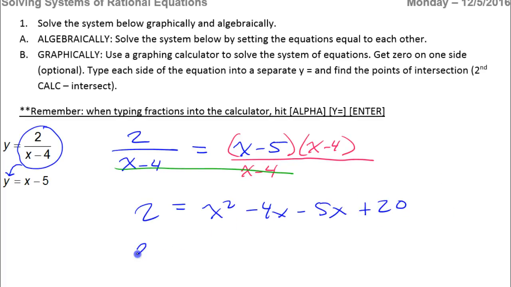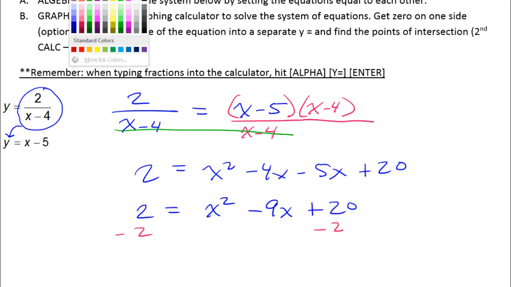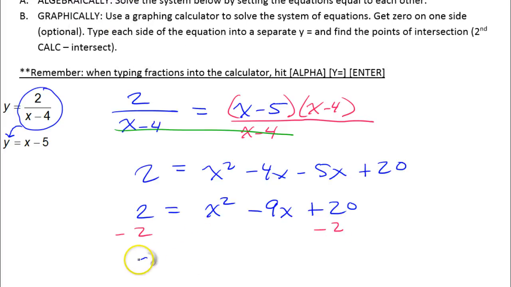So that means I have 2 equals x squared minus 9x plus 20. Let's get 0 on one side, so I'm going to subtract 2 from both sides. So that'll give me 0 is equal to x squared minus 9x plus 18.